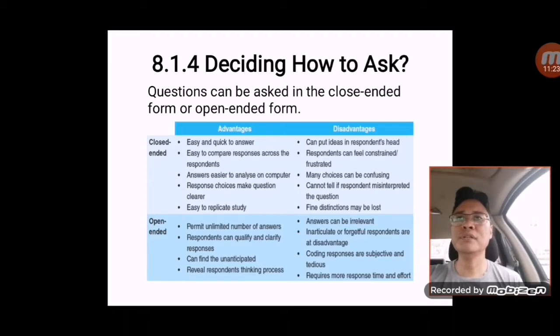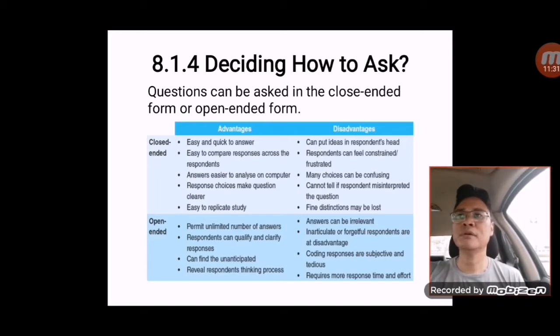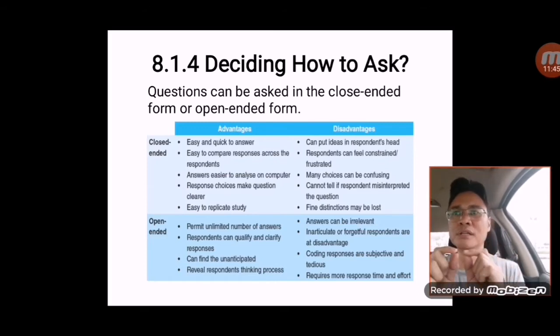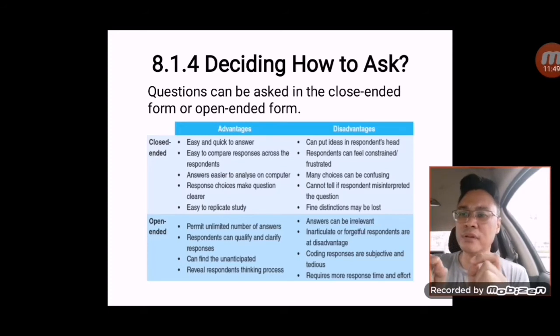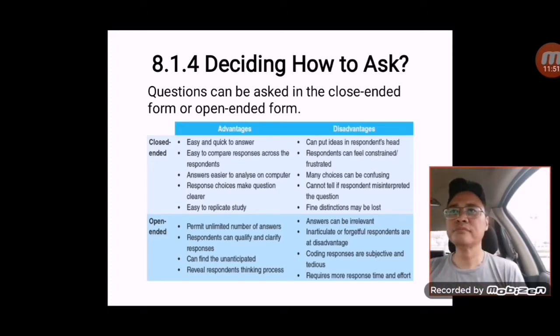Okay, these disadvantages are actually very minimal, controllable. It is more about the advantages. The advantages are more numerous than the disadvantages. These disadvantages are basically things we can anticipate. For example, respondents do not understand the statement, do not understand the item question, do not understand the meaning of that particular question.